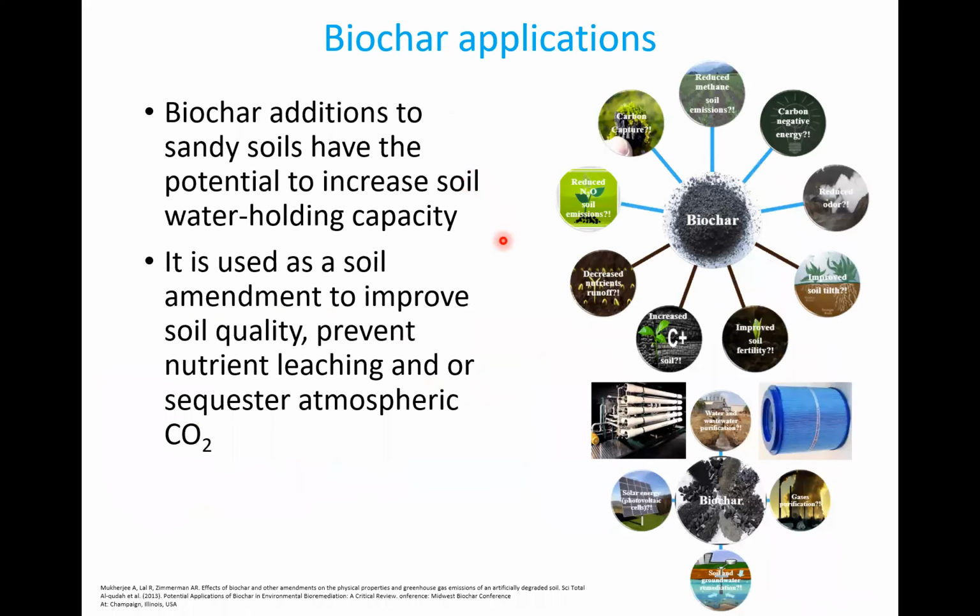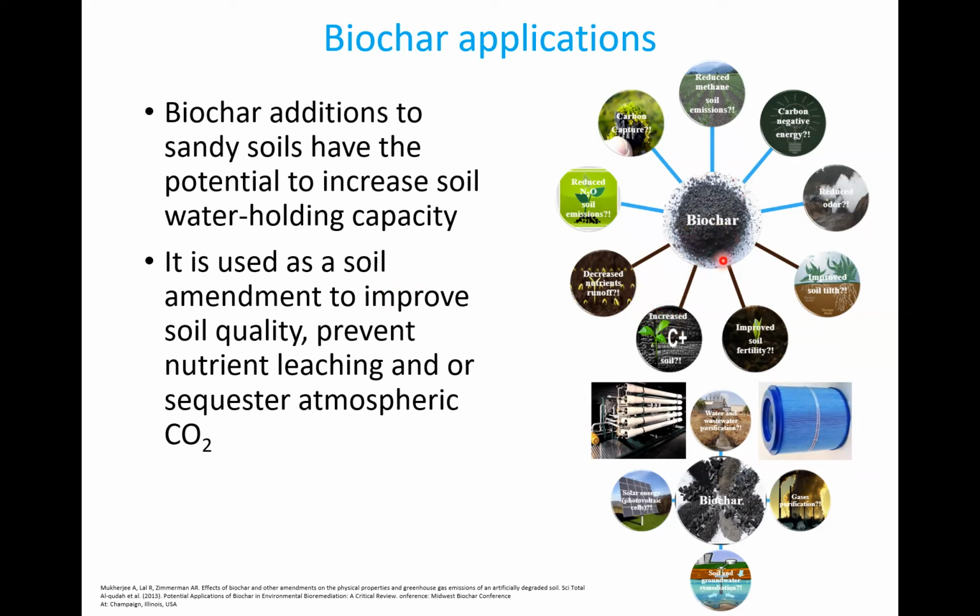What are the applications of biochar? Biochar has a lot of applications. If we call it biochar, it is used as a soil amendment, mainly for sandy soil, to increase soil water holding capacity. It can also improve soil quality, prevent nutrient leaching, and sequester atmospheric carbon dioxide.